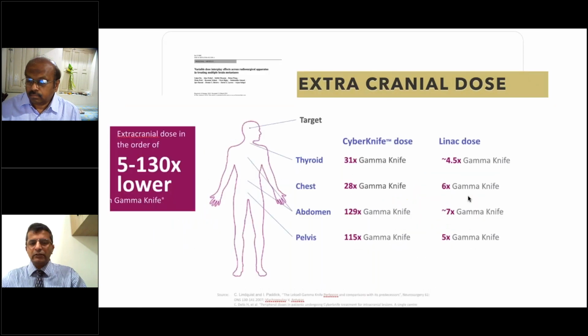So this is another advantage reported by the same author regarding the extracranial dose. Here we could see that the dose received with the CyberKnife or LINAC is much higher compared to the Gamma Knife radiosurgery systems. So that is what they compared and published in the same paper.